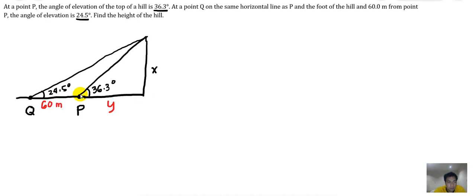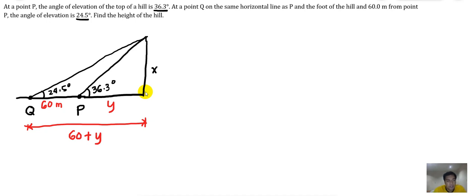So based on the two triangles, we can actually formulate two equations. Considering the bigger triangle, let us consider these two sides: 60 plus y, and the other side is x. So this side from point Q to the bottom of the hill is measured to be 60 plus y.